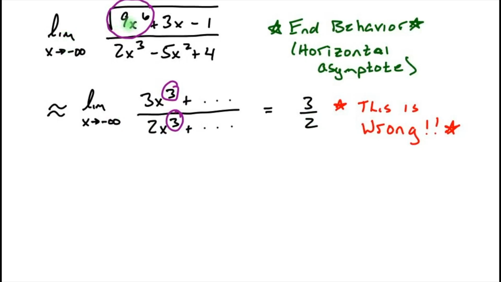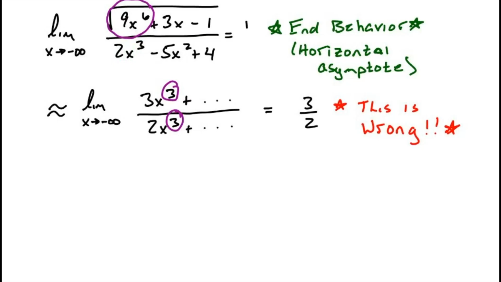The issue is the original problem has this x to the 6th that's in the square root. So when we plug in a negative, it's first going to be raised to an even power, that power of 6, which is going to turn that negative positive. Then we take the radical of it. The radical of a positive number is going to stay positive. So the whole numerator will be positive. The denominator will stay negative.